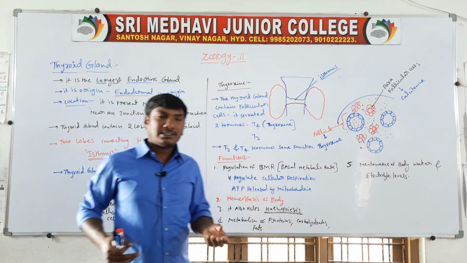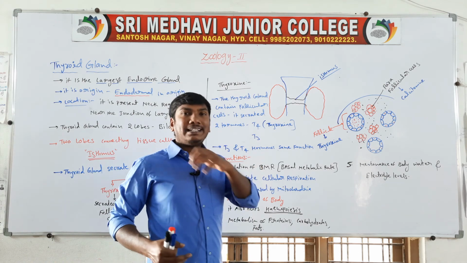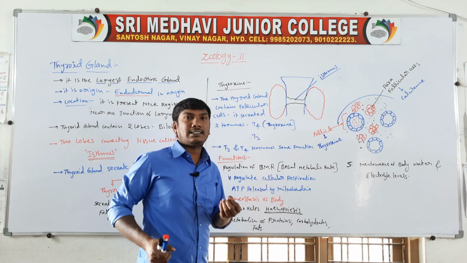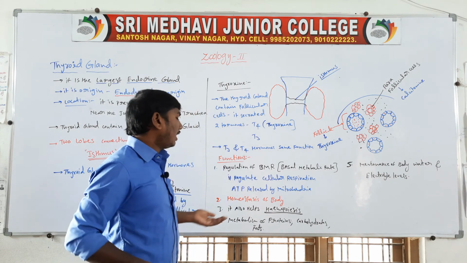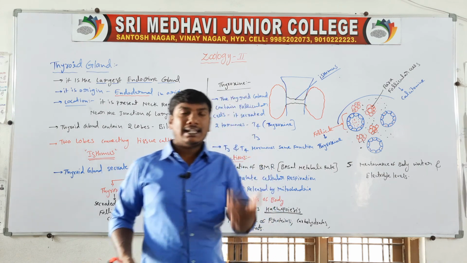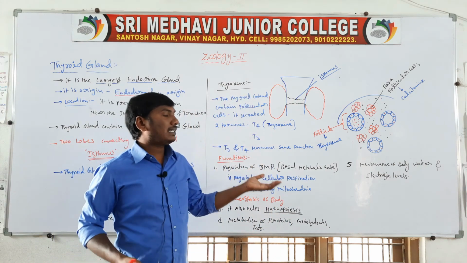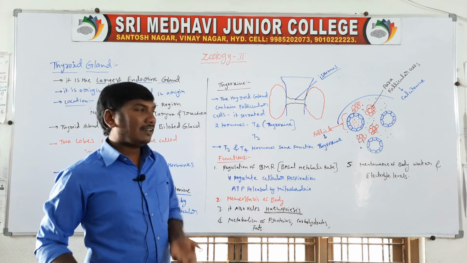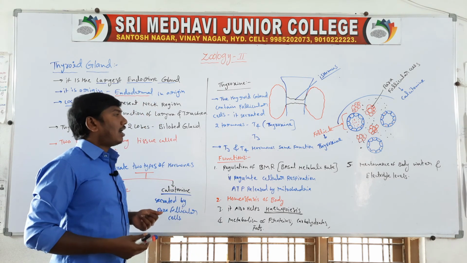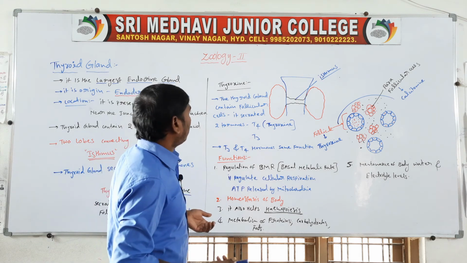In this process heat is produced, which maintains the homeostasis of the body. Next, hemopoiesis, the production of blood cells. Next, metabolism and synthesis of proteins, carbohydrates and fats. Next, maintenance of body water and electrolyte levels. So that is the hormone thyroxine.